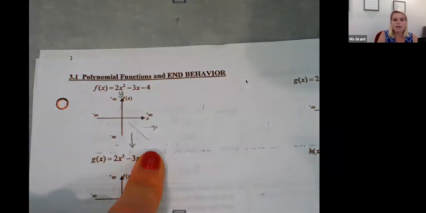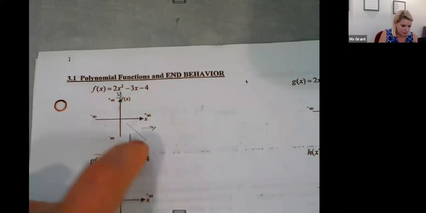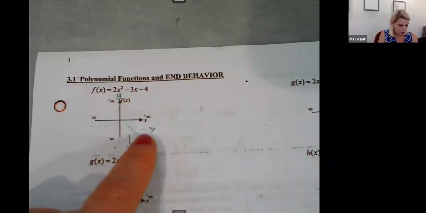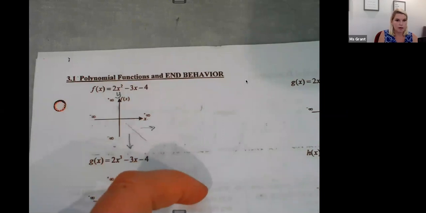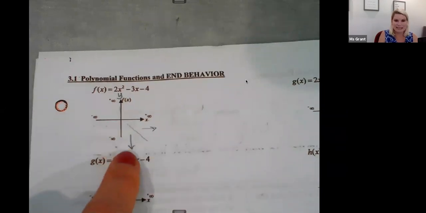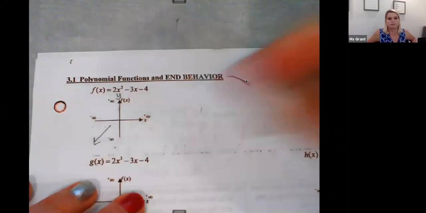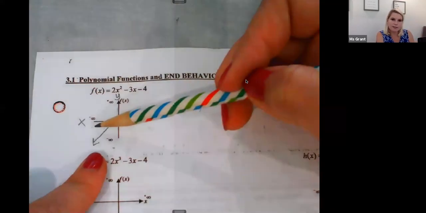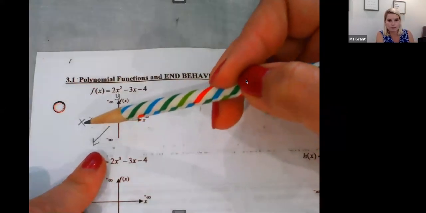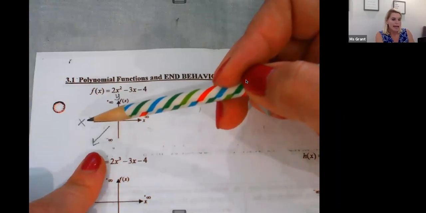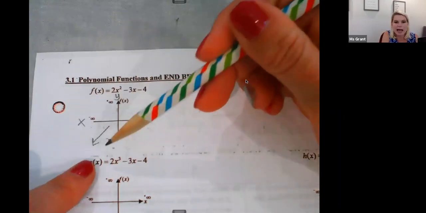This is called end behavior. What is the end of my graph going to look like? What is the arrow going to look like? So there's that one. My x points are going to the right, positive 10, 11, 12, and my y value is getting smaller, negative 5, negative 10. What about here? Remember, x is still here. My x values are going to the left towards negative 10, negative 11, negative 12. And then look at the arrow. My y value goes down towards negative infinity.